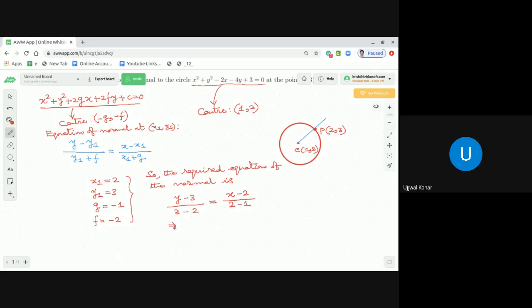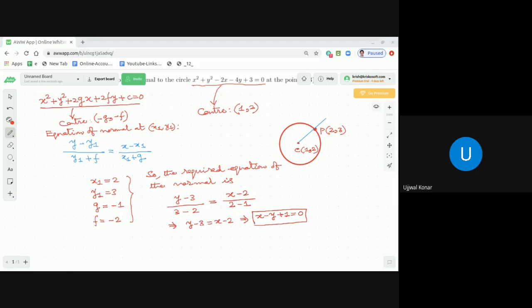So 3 minus 2 is 1, and 2 minus 1 is also 1. So y minus 3 is equal to x minus 2, which implies x minus y plus 1 is equal to 0. This is the required equation of the normal to the circle x square plus y square minus 2x minus 4y plus 3 equal to 0 at the point 2, 3 on the circle.